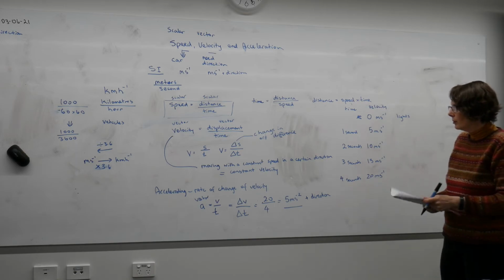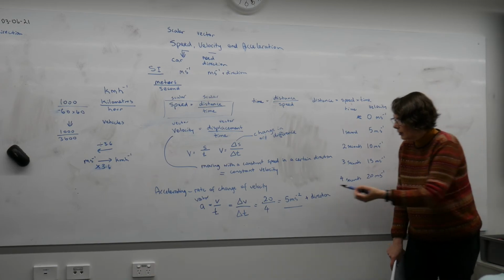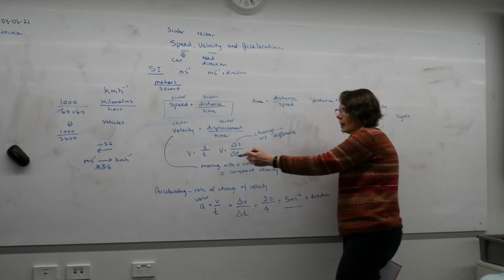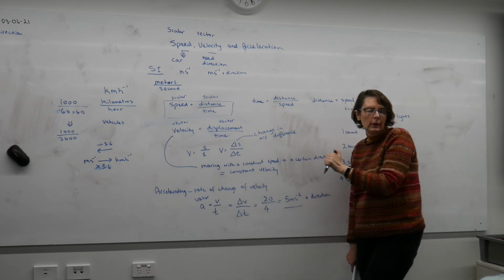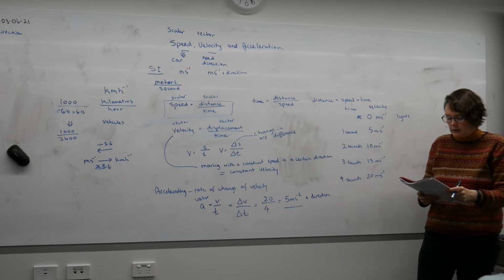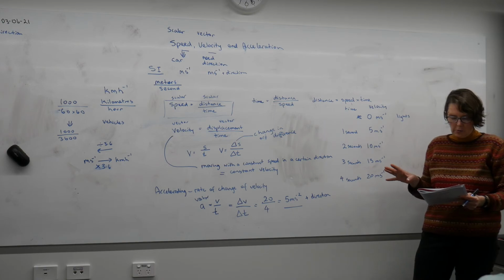At the moment, what we've been considering has been averages. So I averaged out the acceleration here, and this would be an average velocity as well. We can also calculate instantaneous velocities, but we're going to stick with average for the moment.